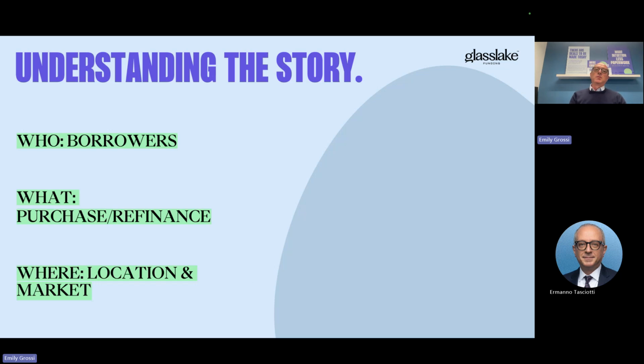There's always more of a story that we've got to tell when it comes to commercial mortgage financing. Now, when it comes to the story, there's two parts to that. There's understanding the story, and that's basically by you gathering all the necessary information that you need to understand what's happening with this file. And then we'll be talking about it later, telling the story. So back when I was in school, they always said, the W5H.